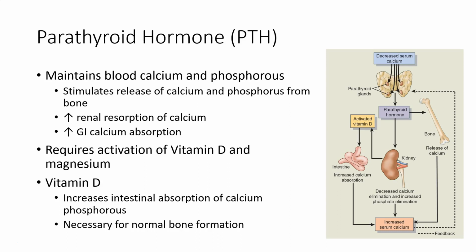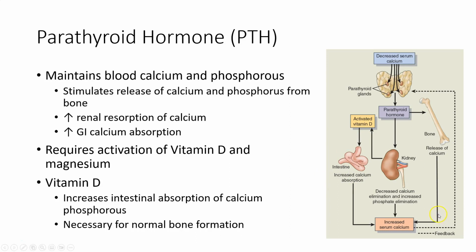Parathyroid hormone also goes to the gut, and it increases the GI absorption of dietary calcium by converting vitamin D into calcitriol, which is an active form of vitamin D that we have to have in our intestine to absorb that calcium. So we're going to break down the bone.